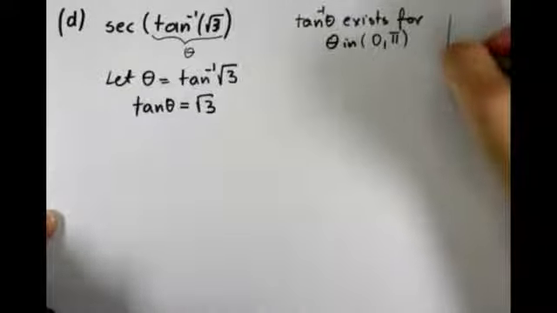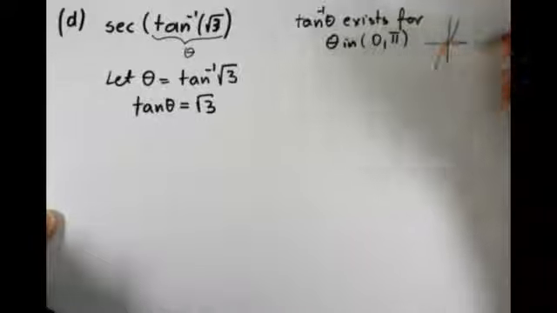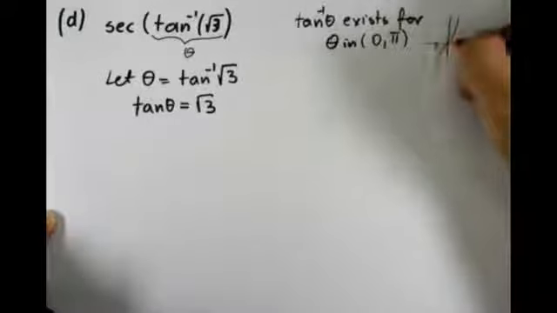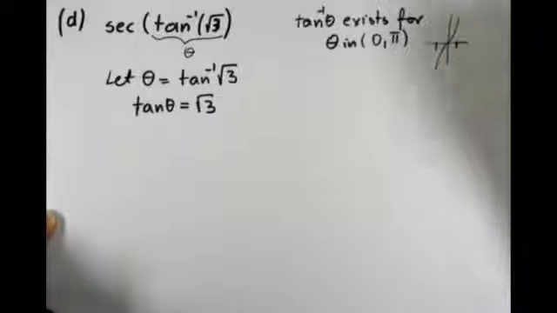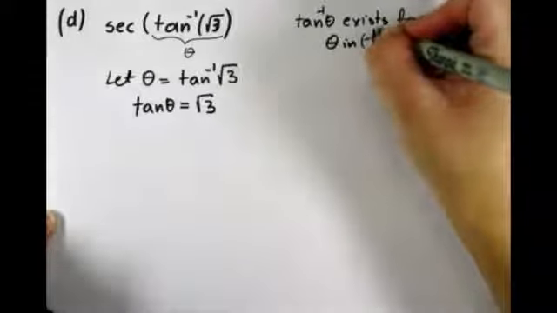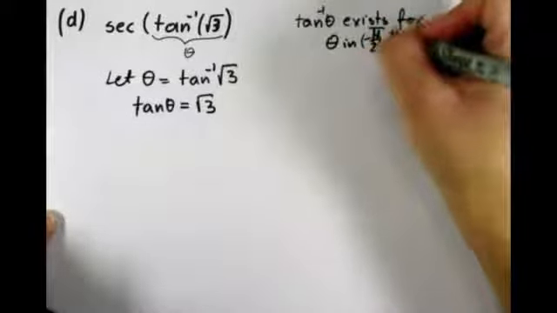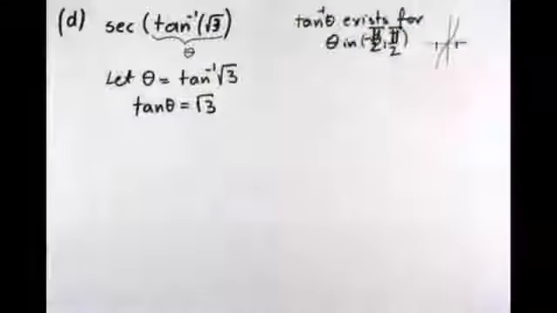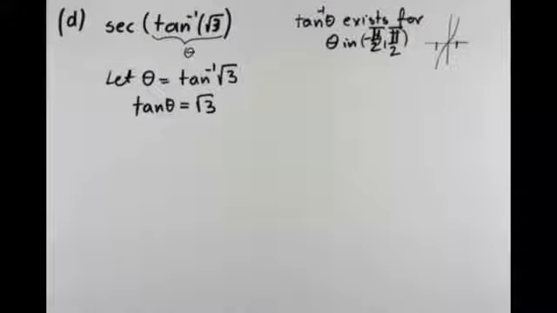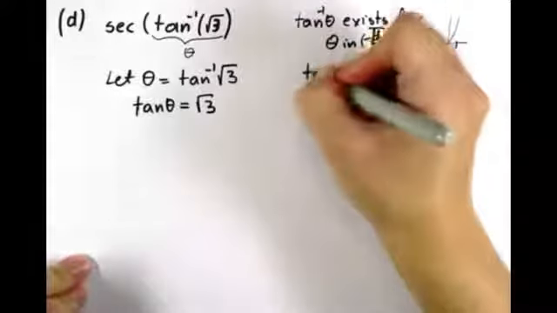For tangent we had the restrictions, that was this part, right? It's from minus pi over 2 to pi over 2. Minus pi over 2 to pi over 2, we had the restrictions for tangent. And then tangent is positive. Try to find the quadrant.